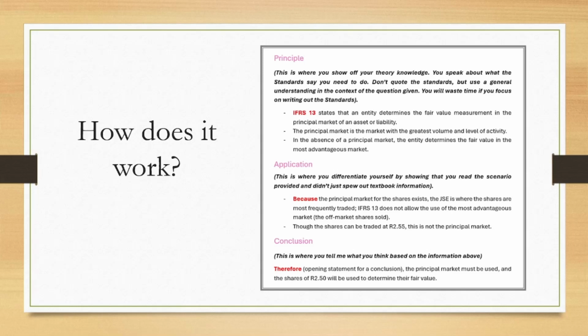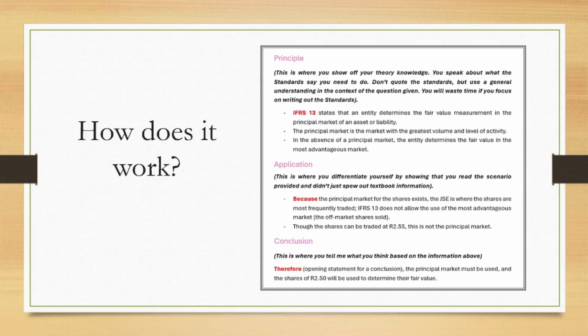IFRS 13 does not allow the use of the most advantageous market. So remember, IFRS 13 states that you can only use the most advantageous market in the absence of a principal market. So the whole thing that they're testing here is that, do you know how much should be traded at which market? And which market becomes then the determiner of our fair value.